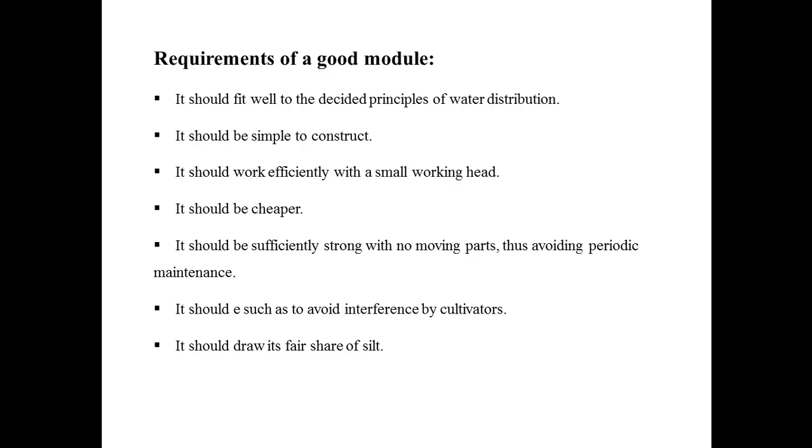And it should be such as to avoid interference by cultivators. It should draw its fair share of silt. So these are the requirements of a good module which should be present in order to get the maximum discharge from the distributaries.